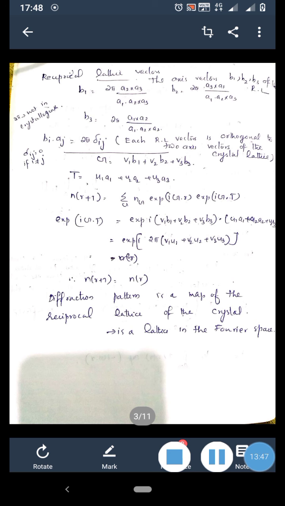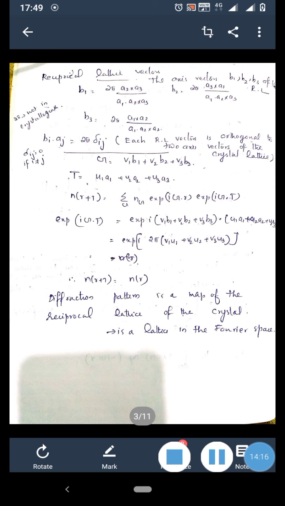So n of r plus t is equal to n of r. The terms which we have mathematically introduced are consistent with the property of the crystal, that is, it is invariant under the crystal translation. So the newly defined quantity, the reciprocal lattice vector G equal to v1 b1 plus v2 b2 plus v3 b3, is consistent with the property of the crystal.